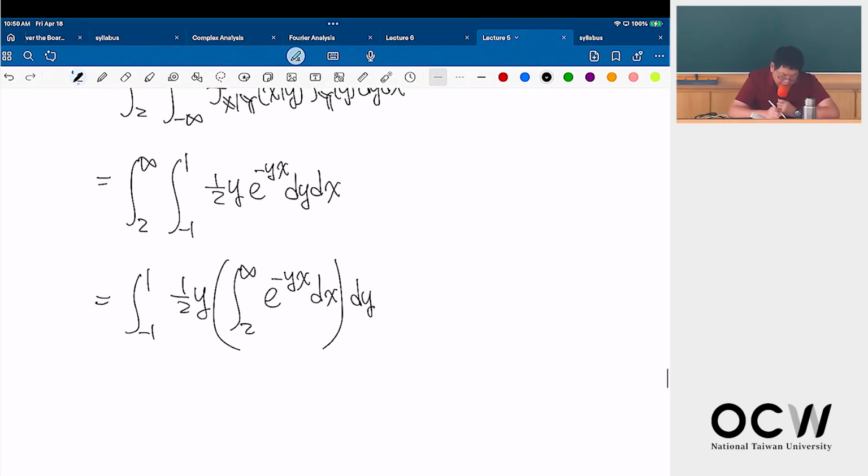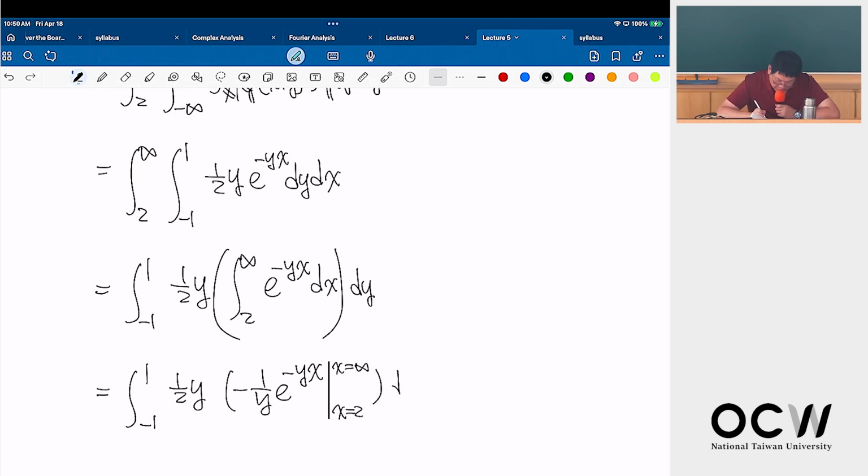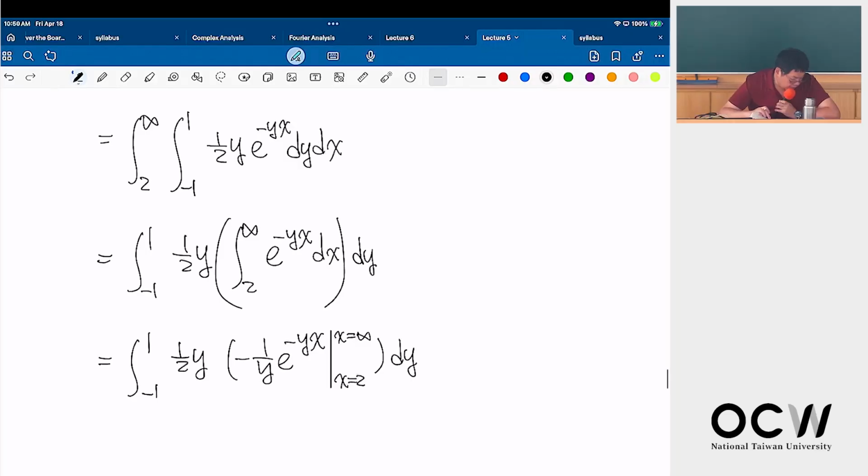So here we can do the integration. 1 over 2 times y. Here that should be 1 over y minus 1 over y, e to the minus y times x. And your x is from 2 to infinity. And overall, just integrate with respect to y.